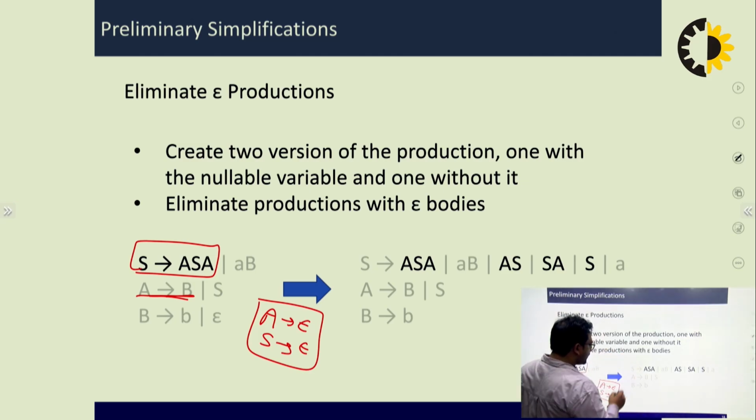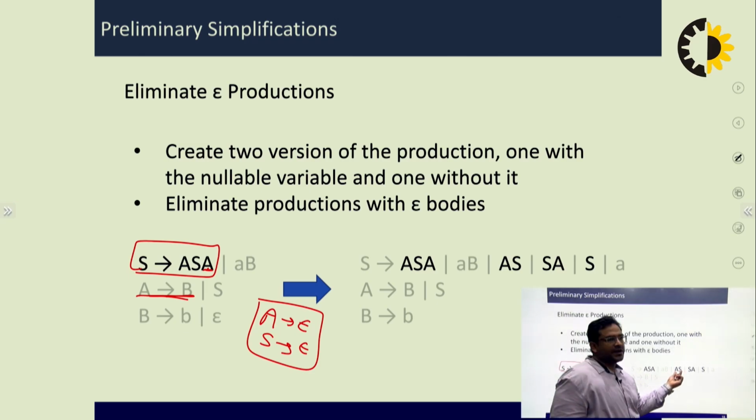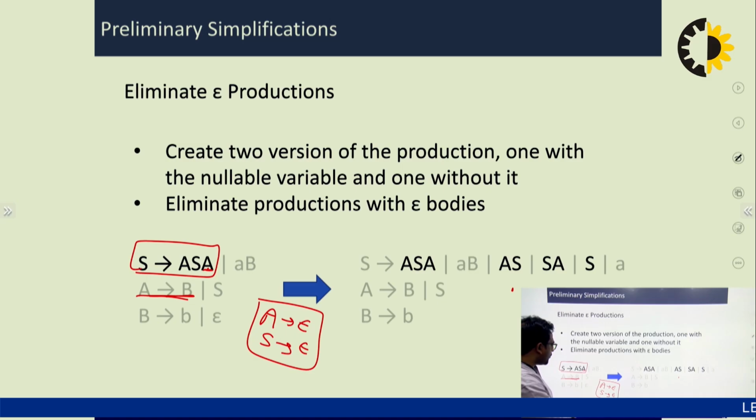So we can put the value of epsilon here one by one. First of all, we put epsilon for this first A, and we get AS, which has to be written here. Next, we put epsilon for the other A, and we get SA.